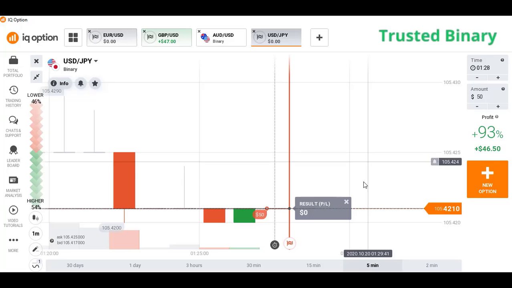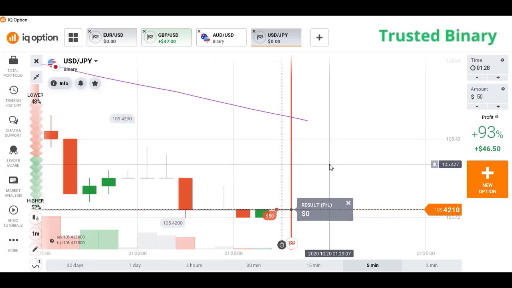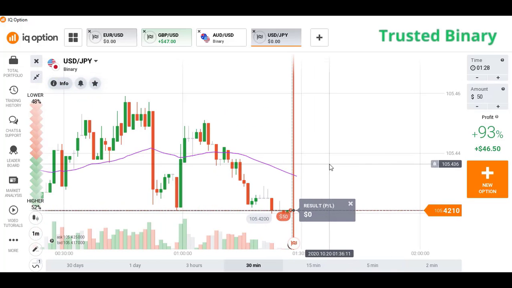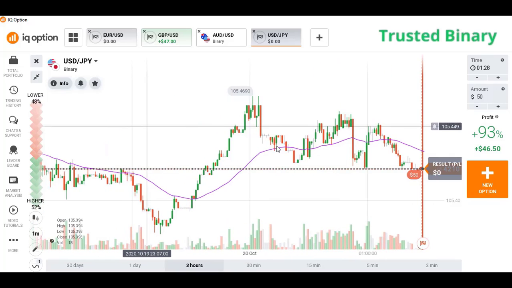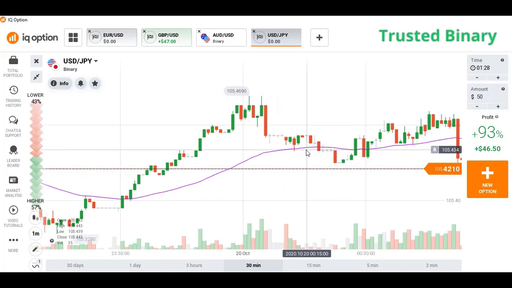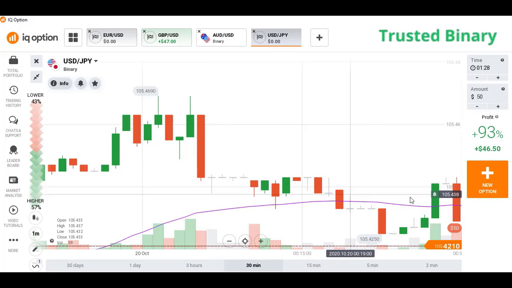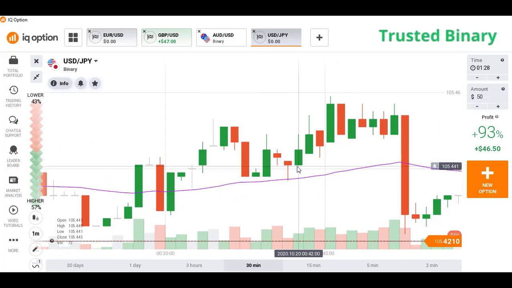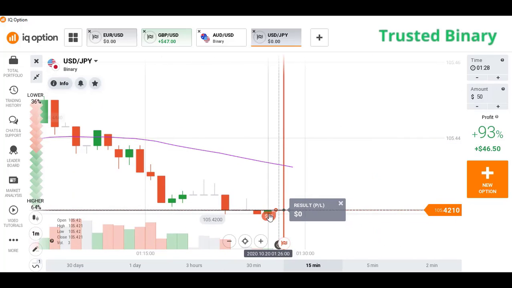This is my ATM, no profit, no loss. I already told you the market is not a good market. It is a very bad market, so we don't take any trade in this type of market. It's a very dangerous market. So this is my ATM.